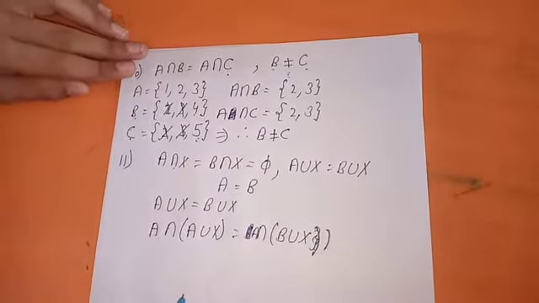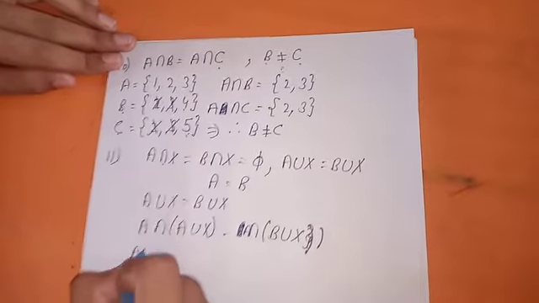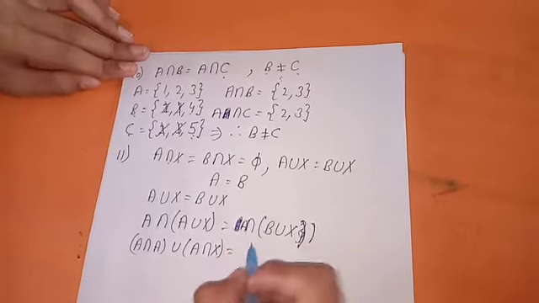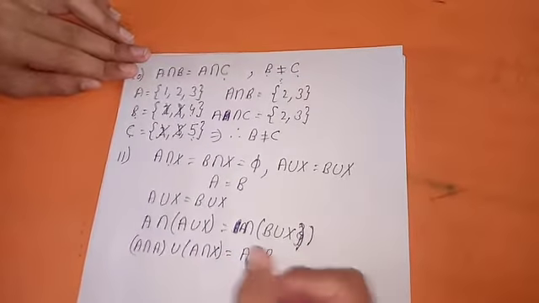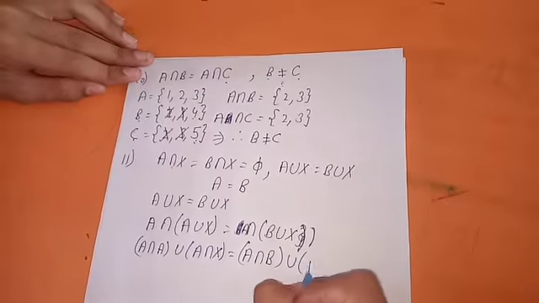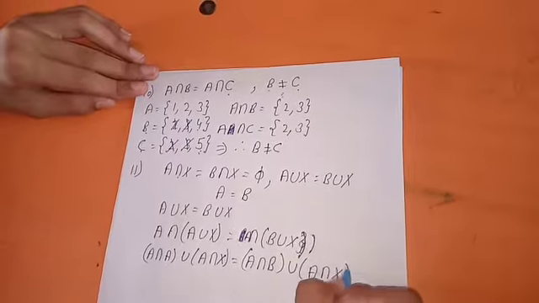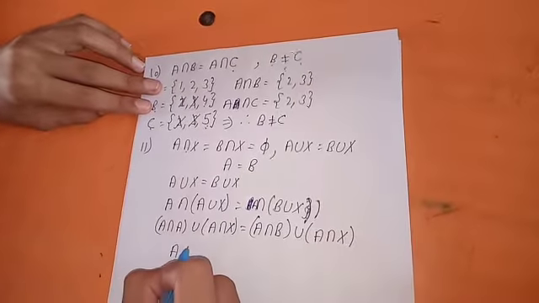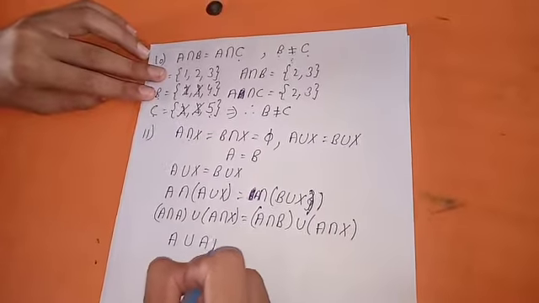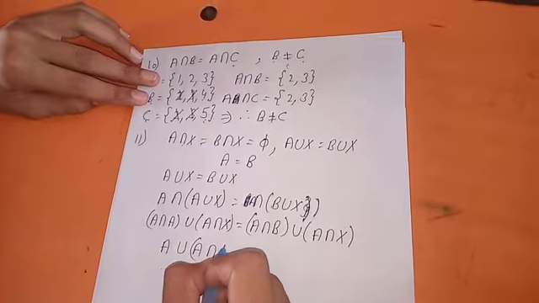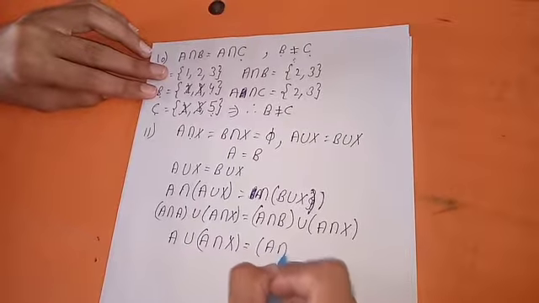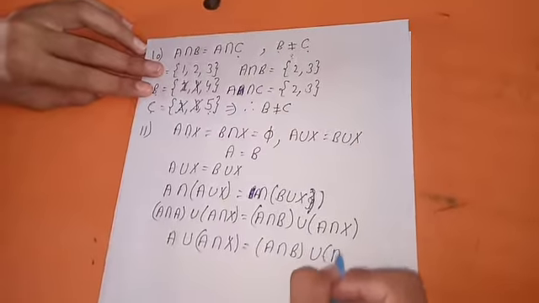Now we will use distributive law here, so it will be (A intersection A) union with (A intersection X), and here we get (A intersection B) union with (A intersection X). Okay, so I got here (A union with A intersection X) is equal to (A intersection B) union with (A intersection X).